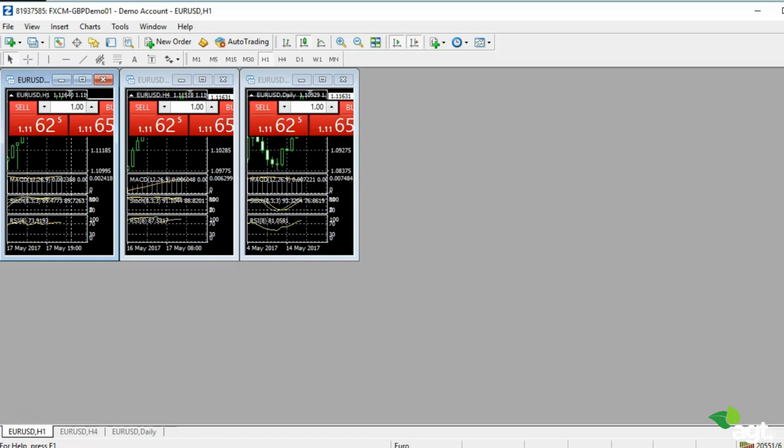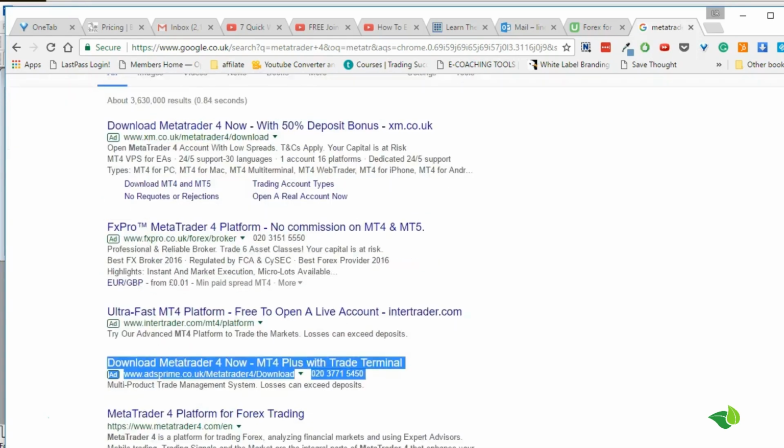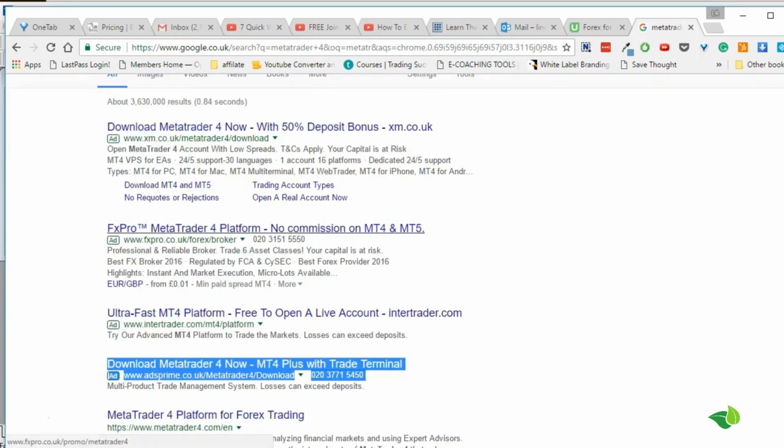So when you download it, I would download a demo account and have a good play around with it and a good practice, so you become really familiar and comfortable with the platform. So how you download it, if you just do a search for MetaTrader 4 online, you will find that there's a lot of brokers that will allow you to use their version of MetaTrader 4.